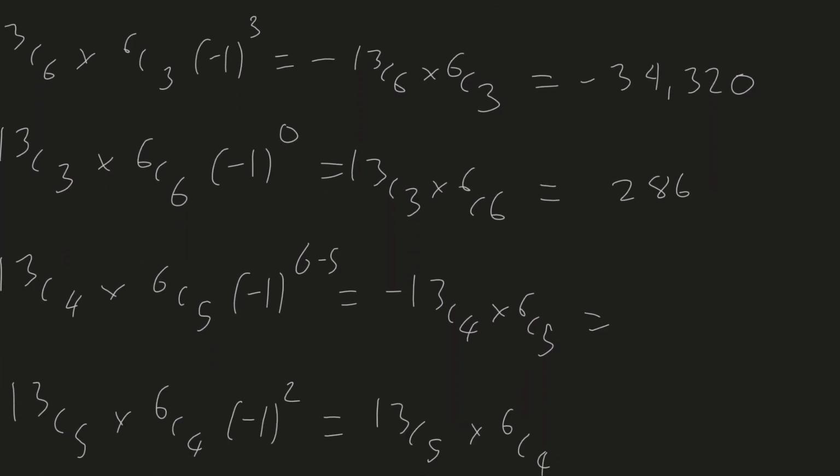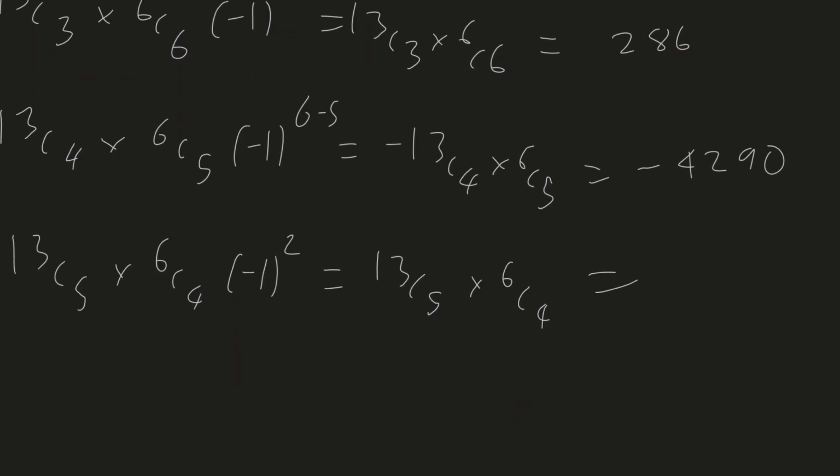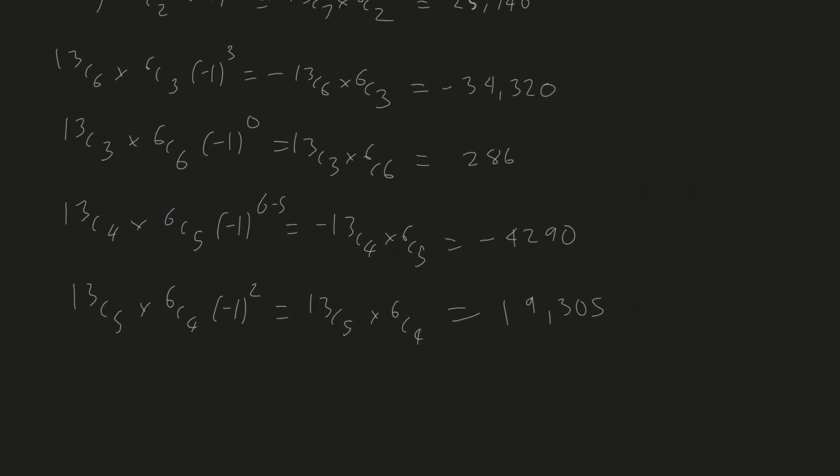The next one is equal to minus 13 choose 4 times 6 choose 5, which is equal to minus 4,290. And the last one is 13 choose 5 times 6 choose 4, which is equal to 19,305. So now this is the final step.